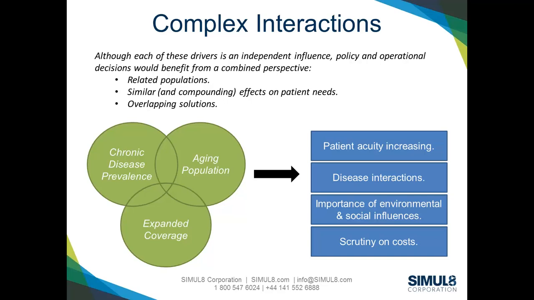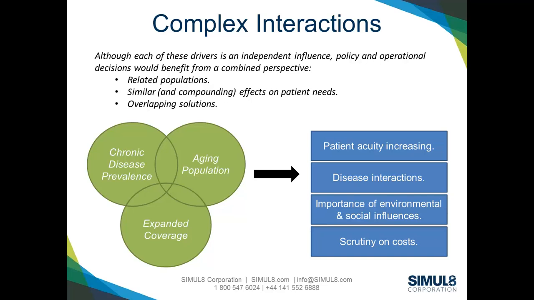If you look at chronic disease, if you look at the aging population, if you look at, in the U.S., expanded Medicaid coverage, newly insured patients, all three of those are to some extent looking at similar populations. They often have similar effects on the patient need and often compounding effects.